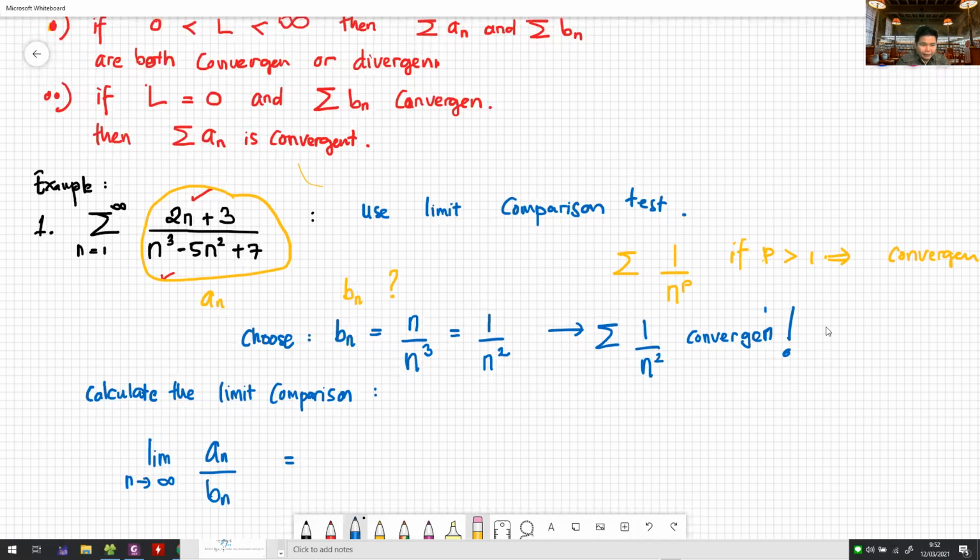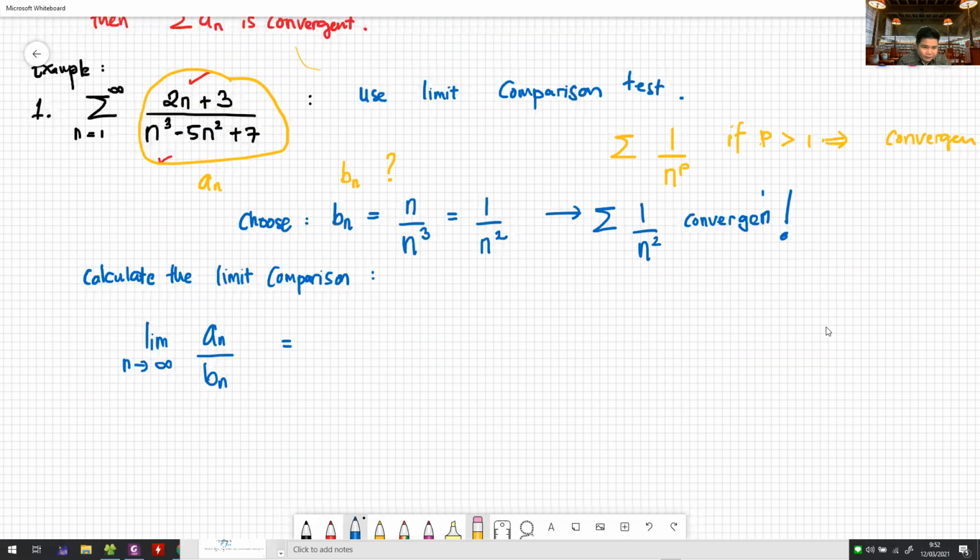AN-nya apa? Yang di atas. First I will write down the limits. This is 2n plus 3 divided by n to the power of 3 minus 5n square plus 7, divided by, apa tadi BN-nya? 1 over n square.